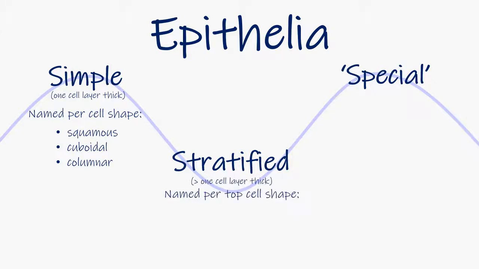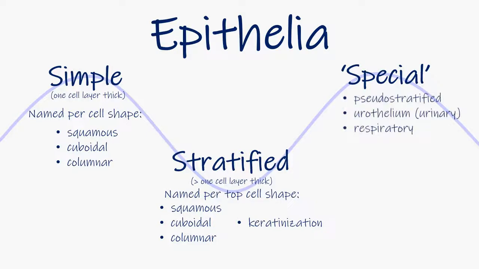They are named according to the shape of the cells on the most superficial aspect of the epithelia. So, for example, we have stratified squamous epithelium, stratified cuboidal epithelium, and stratified columnar epithelium. We will also talk about keratinization. Finally, we will touch on the specially named epithelia: pseudostratified, urinary, and respiratory.